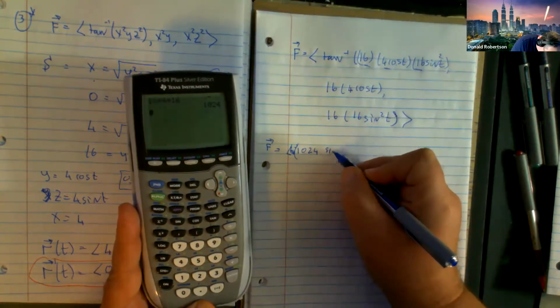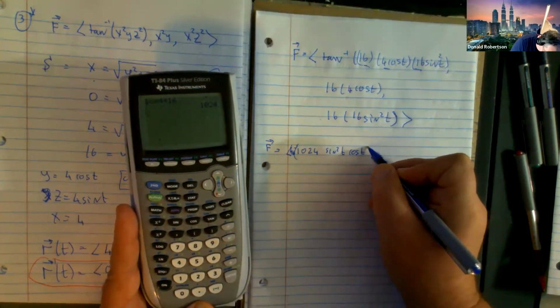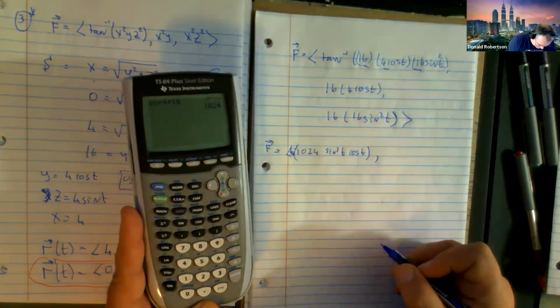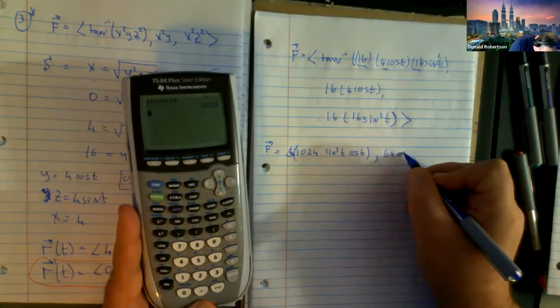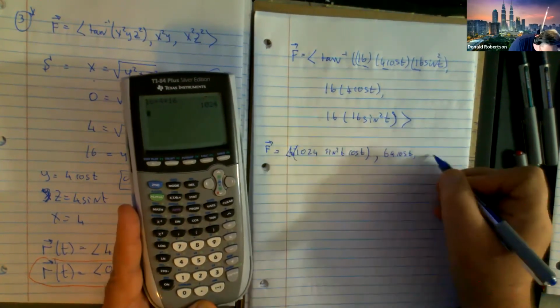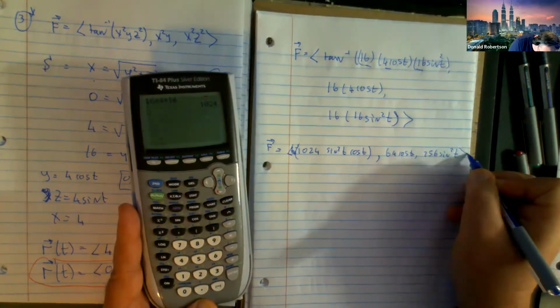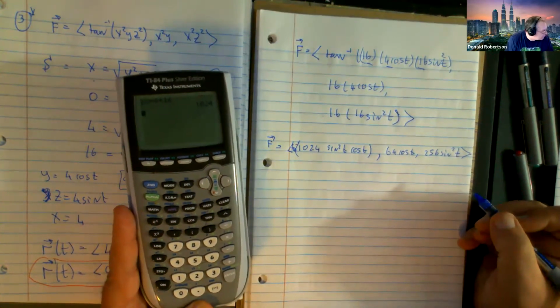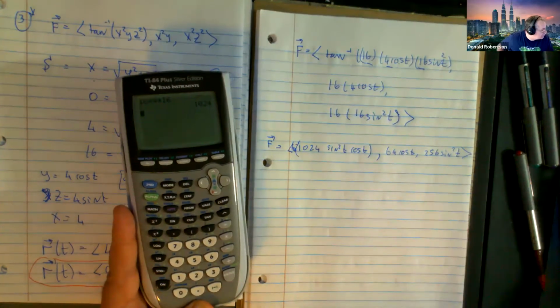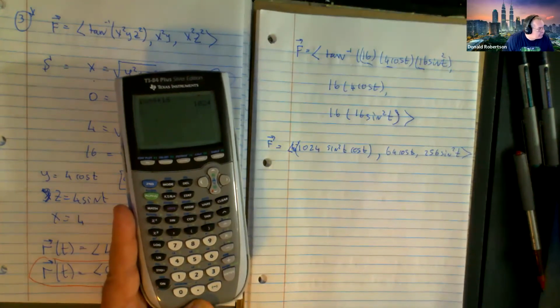So it's going to be a sine squared t, a cosine t, comma. This fella here is 64 cosine t, and this guy is 256 sine squared t. Let's check that out. Yeah, okay, we're good so far.